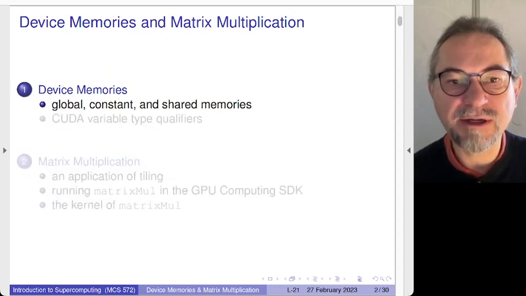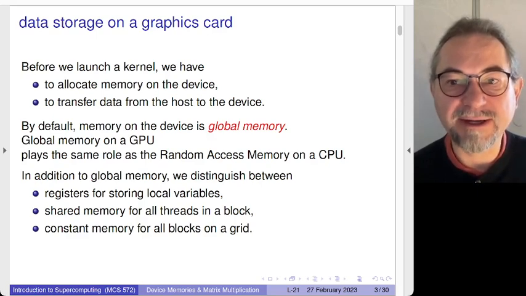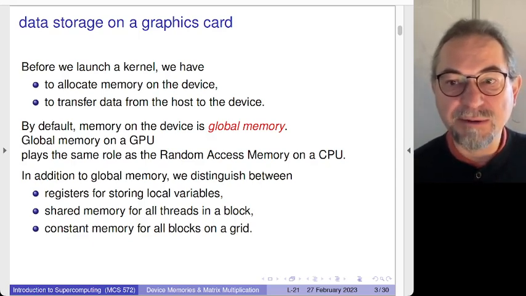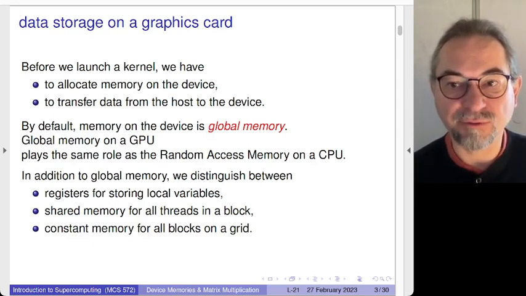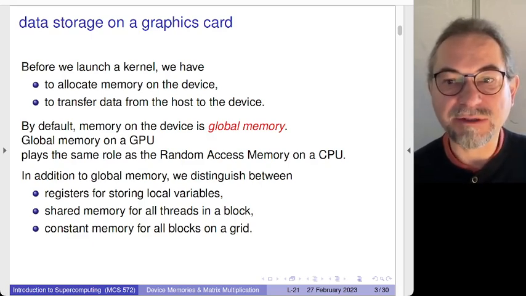Okay, so let us look into the way data is stored on a graphics card. We have already covered that there is the memory on the host where everything originates and also where everything ends, and there is the memory on the device.